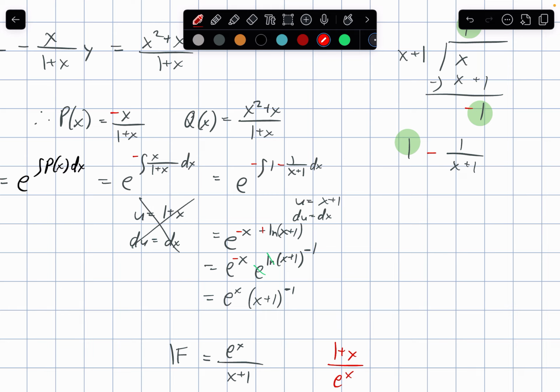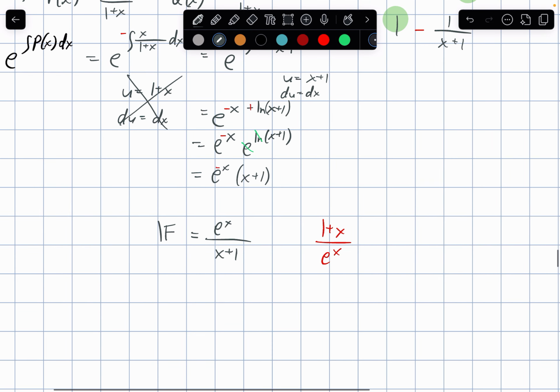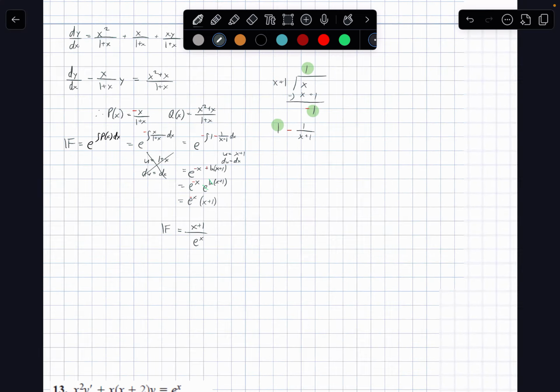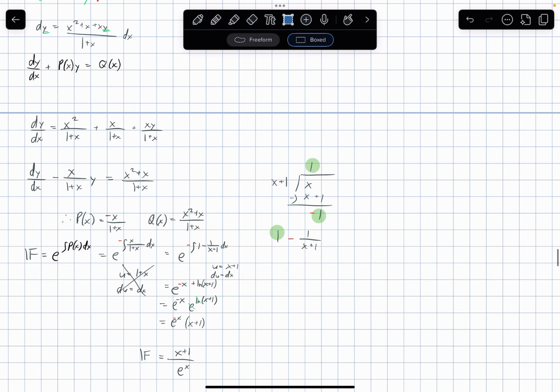So negative x and then plus. Yes, that makes sense now. So when we simplify, it's actually x plus 1 at the top, and at the bottom is e raised to x. Precisely. Okay, we're correct so far.